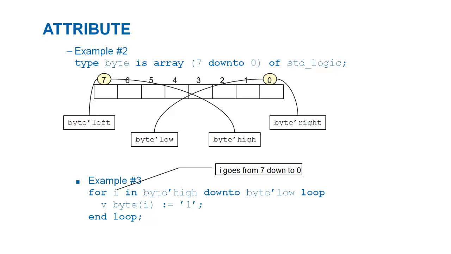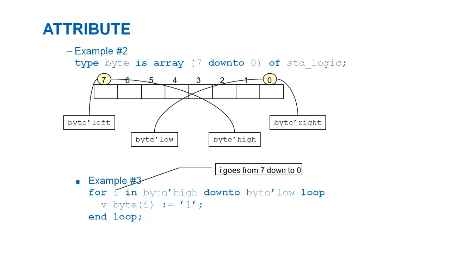But what if somebody else defines it, or we inherited this byte from another module or package? What this means is that we can, using attributes, iterate over the entire bit location from the highest point to the lowest, least significant bit location, even though we don't know the range. We don't know if it is 7 down to 0 or 15 down to 0 or 10 down to 0.